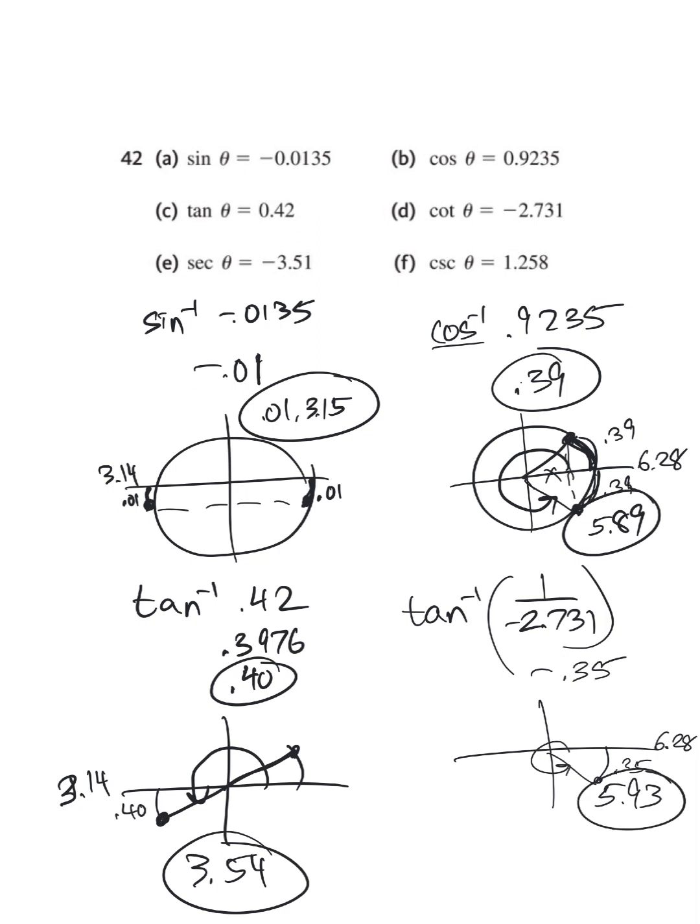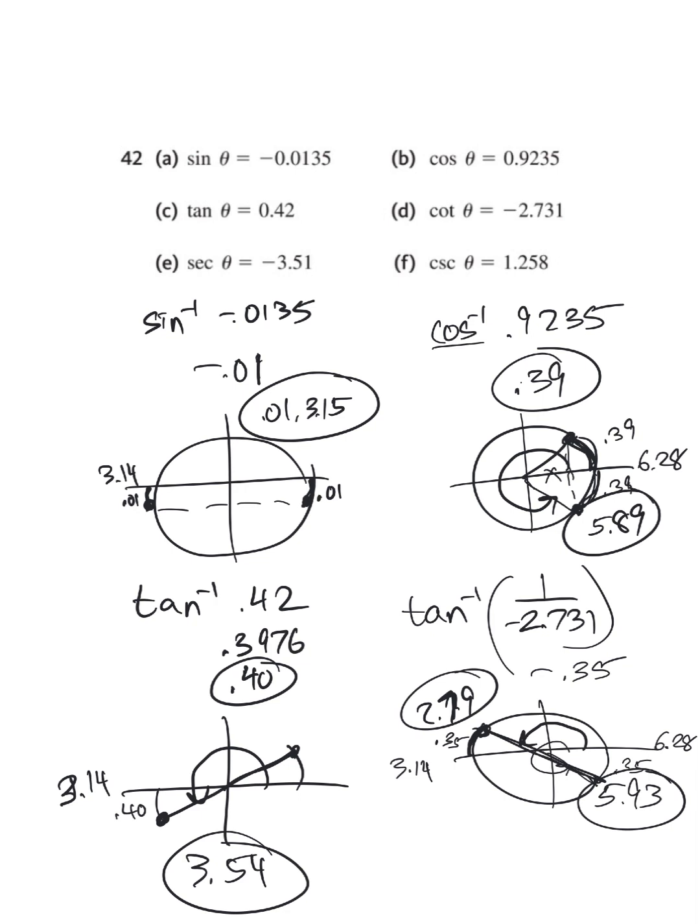That's the first one. And it's tangent, so it's going to be 180 degrees the other direction. And again, this is 0.35, this little distance here. So how do we get that? If you take 3.14 minus 0.35, we get 2.79. That's what it takes to get from here 0 to there. So those are your two values.